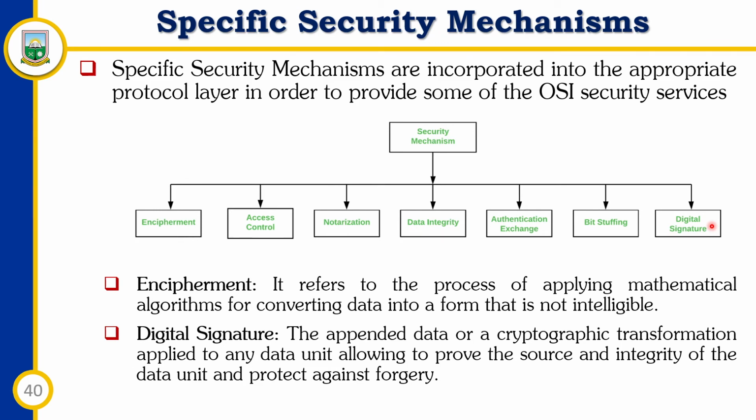The second is the digital signature. We'll talk about each one of them. When you talk of encipherment, this security mechanism deals with hiding and covering of data, which helps data to become confidential.